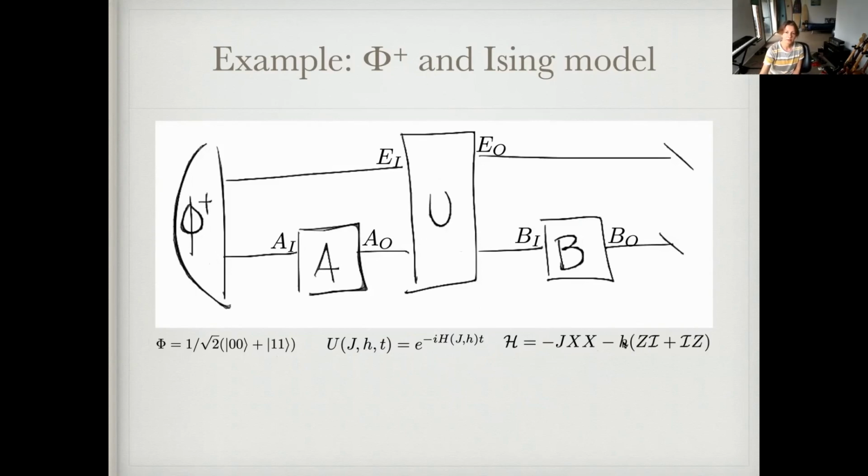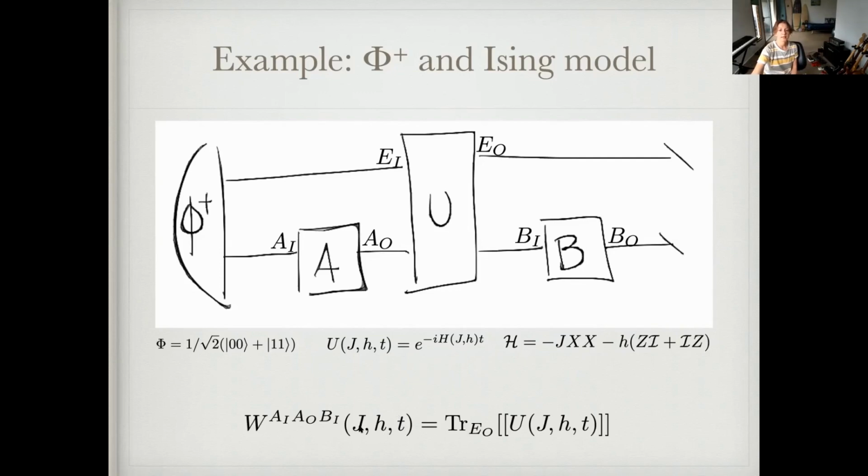And H is the strength of the external magnetic field that wants to align the dipoles in the Z direction separately. So this is the process matrix. It's a process matrix that depends on the time of interaction, the strength of the magnetic field, and the strength of the dipole-dipole interaction.